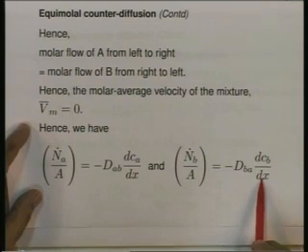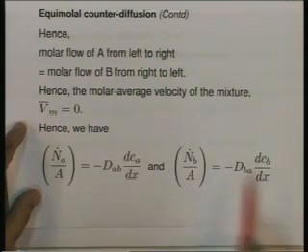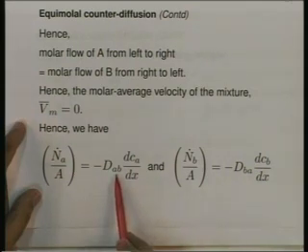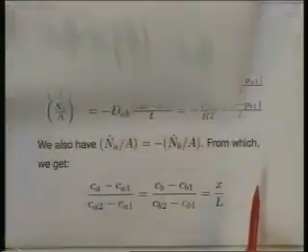We integrate these two equations which we saw just now, one for dCA by dx and one for dCB by dx. Since everything is isothermal and at constant pressure, it makes sense that DAB is a constant, and DBA is also a constant.